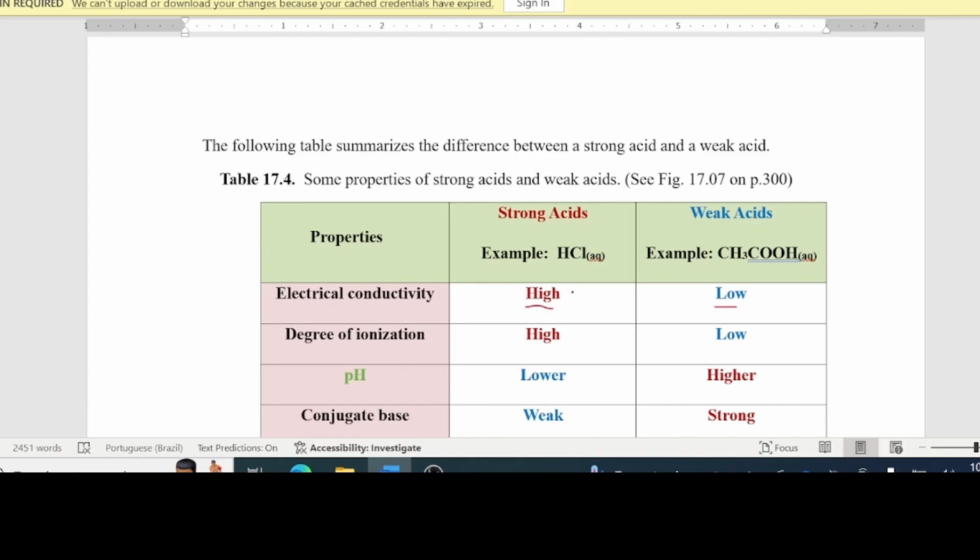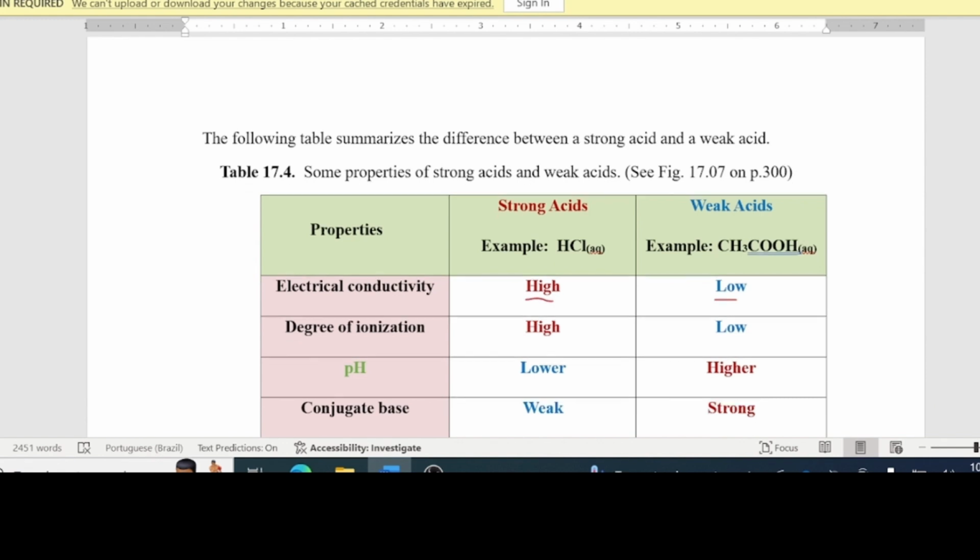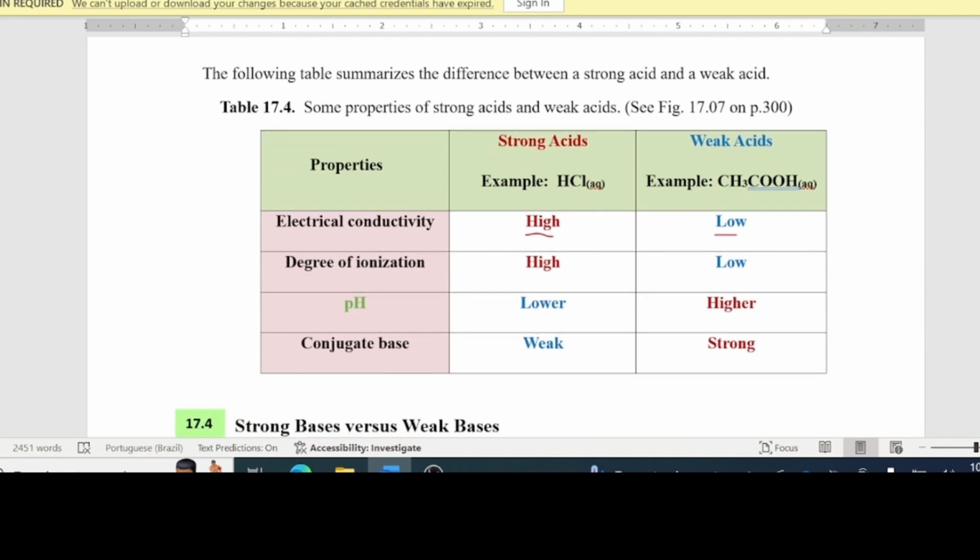So you have high conductivity here and low conductivity here. Degree of ionization, same argument, I said that already. High degree of ionization, low degree of ionization. The pH of this is going to be low because it's the negative log of the hydrogen ion concentration. This is going to be higher. Conjugate base, weak. Conjugate base, strong.